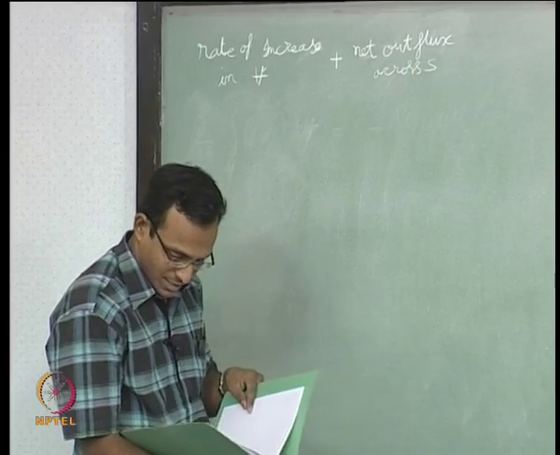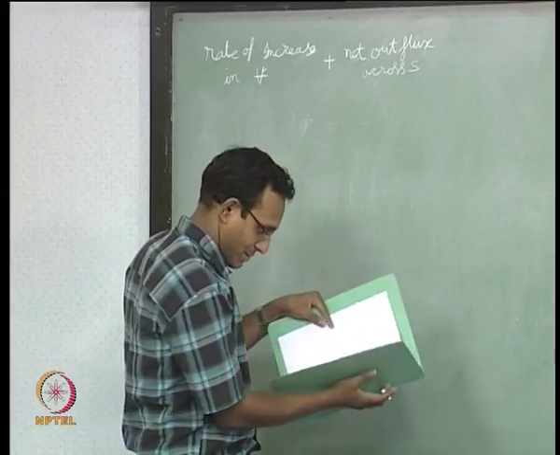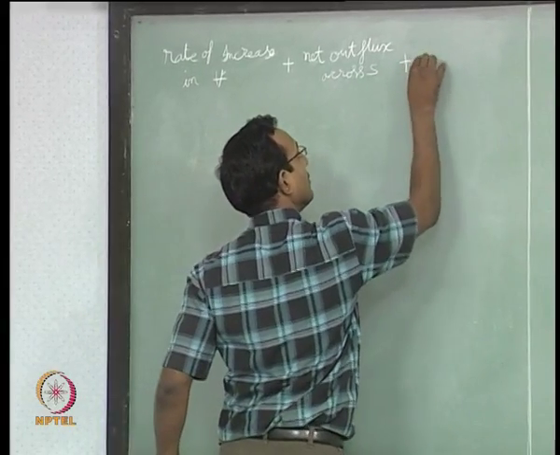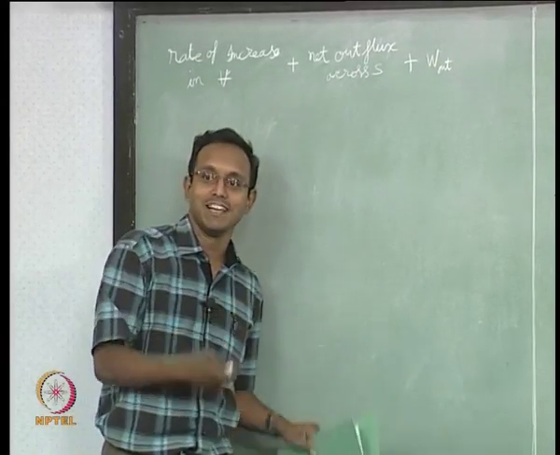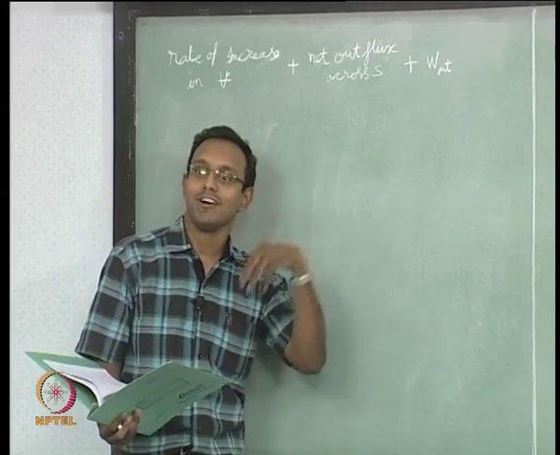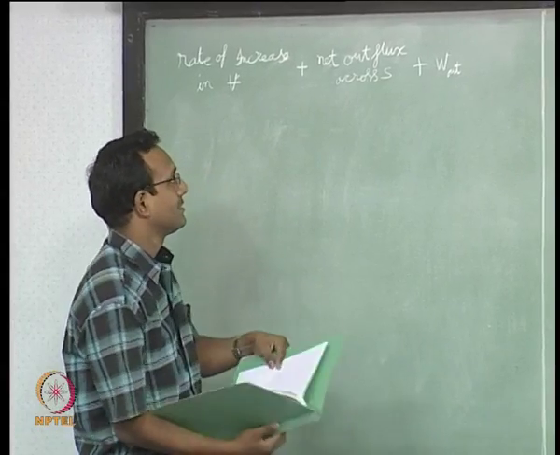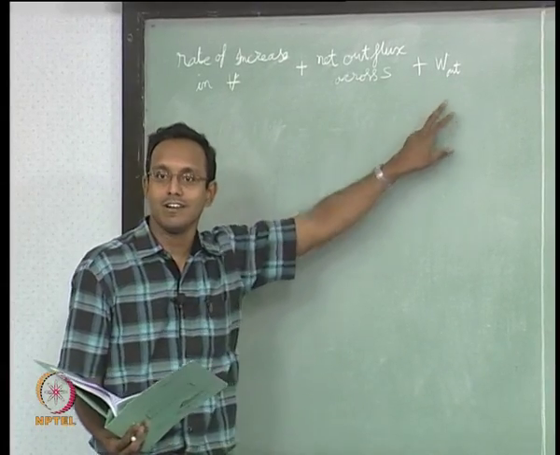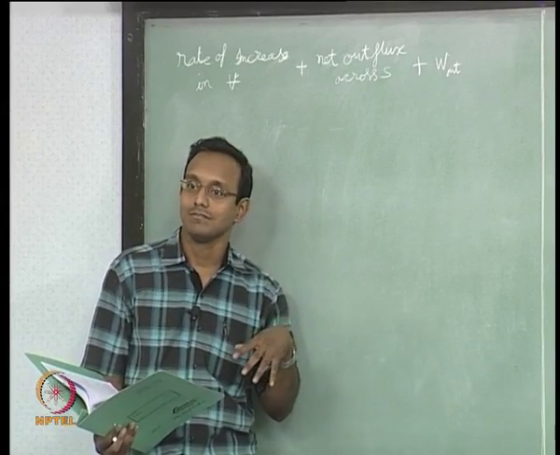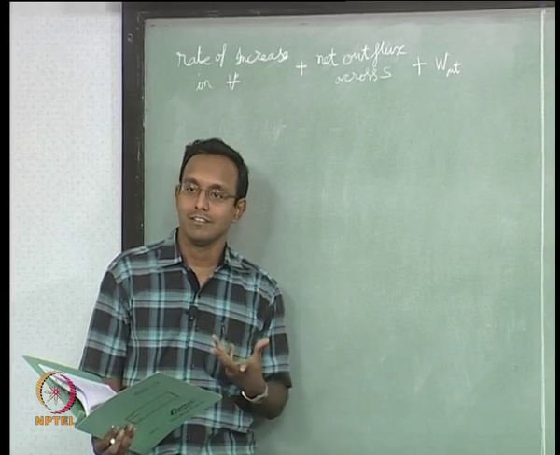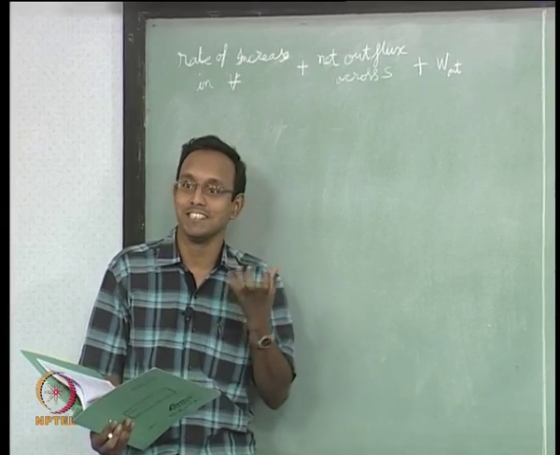And then other forms of work done by me on the surroundings, that is the remaining thing. I will just call it W out for simplicity. Ideally, I would write the net rate of work done on the surroundings. All of these are going out from the system. Now, what is the input? The heat transfer in, that is the only thing, or some other source term that is producing energy inside.